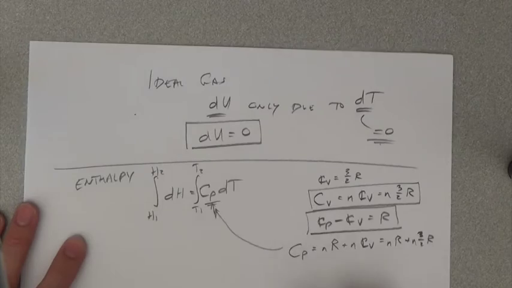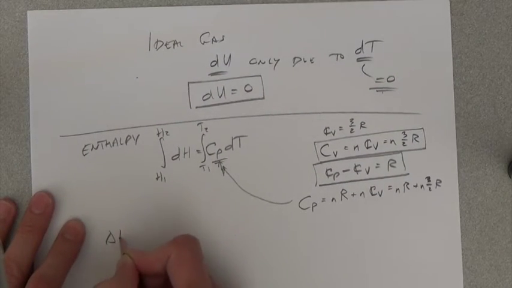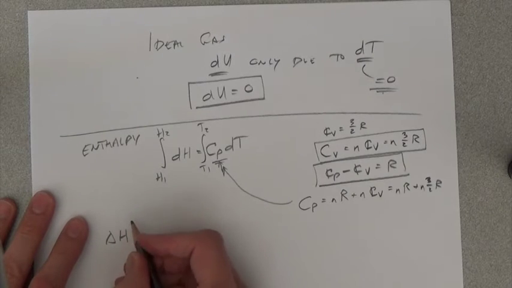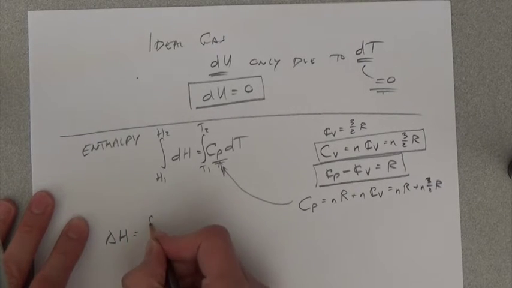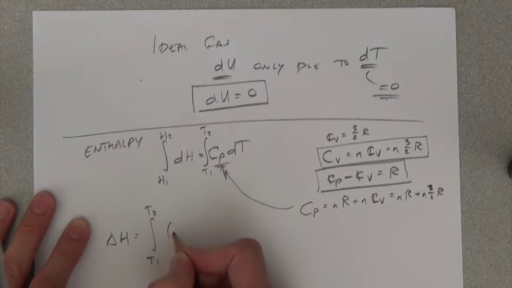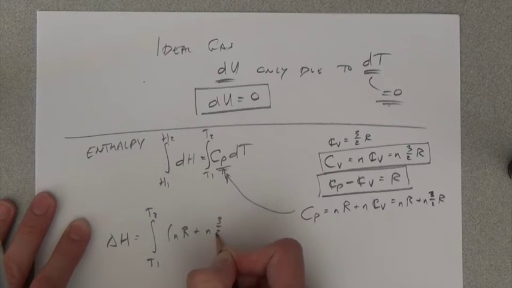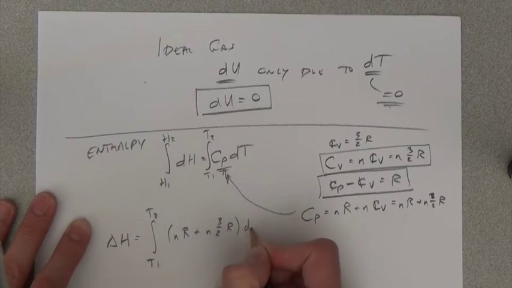which goes into the integral, giving us delta H is equal to the integral T1 to T2 of NR plus N 3/2 R dT.